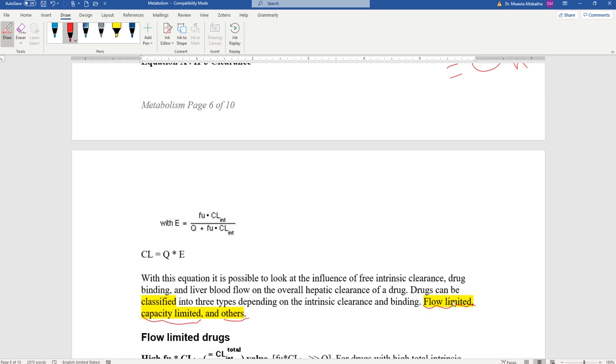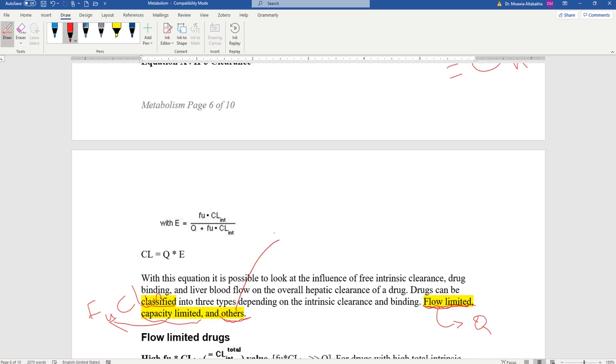Okay, when do we classify the drug as flow limited? Its clearance is flow limited. What does flow limited mean? It means controlled by Q. Okay, when do we classify the drug as capacity limited? Capacity limited means the fraction unbound and the intrinsic clearance. And when do we classify it as others?